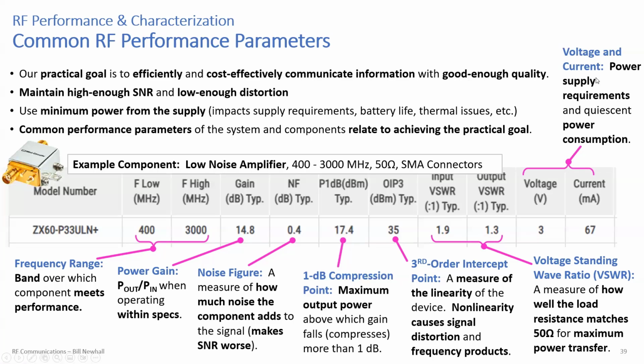And then you have voltage and current listed here. These are power supply requirements, usually for when the amplifier isn't amplifying anything. It's just sitting there powered up with no signal in, no signal out. It's the quiescent power consumption that can change as it's operating.